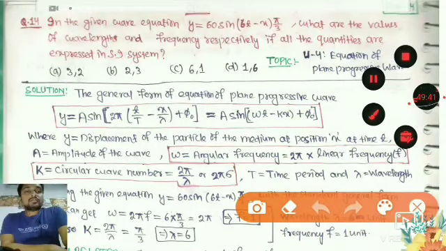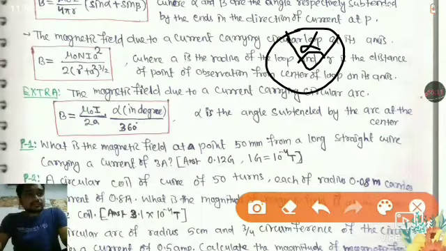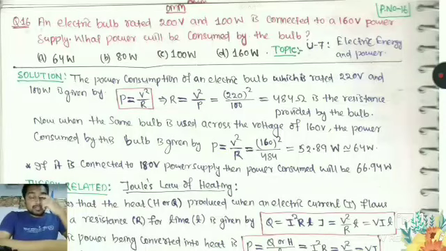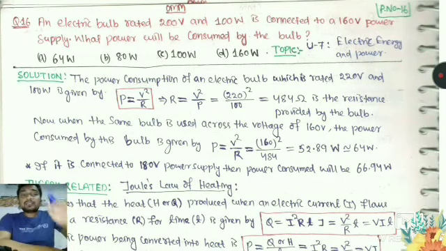These are the problems. So this is from electric energy and power. Okay, given the rating of the bulb is 220 volt and 100 watt, so we can calculate power from the formula V square by R. Here we require to calculate the value of R, the resistance, that is 484 ohm, the resistance provided by the bulb.